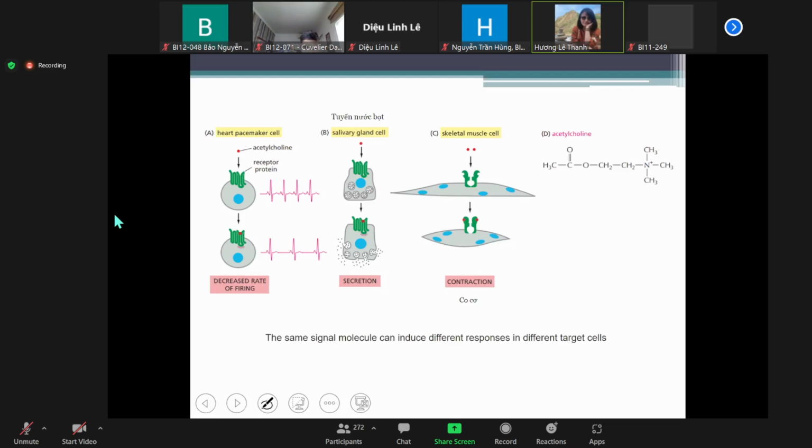For example, acetylcholine, when it attaches to heart pacemaker cells, will decrease the heart rate. But if it affects salivary gland cells, they will secrete more. And in skeletal muscle, contraction will happen. So the same signal can induce different responses in different target cells.